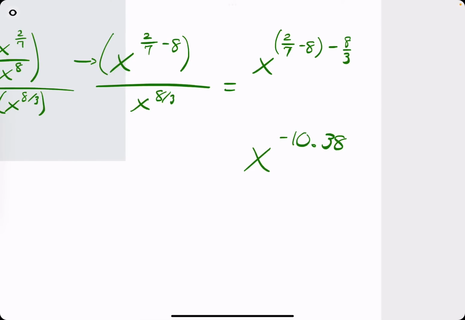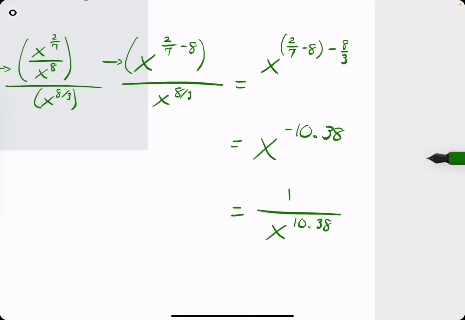So now, negative exponents. I addressed them in the last video, but I have not done so in this video. X to the negative value is equivalent to 1 over x to that same value, but now positive. So 1 over x to the 10.38 instead of x to the negative 10.38, okay?